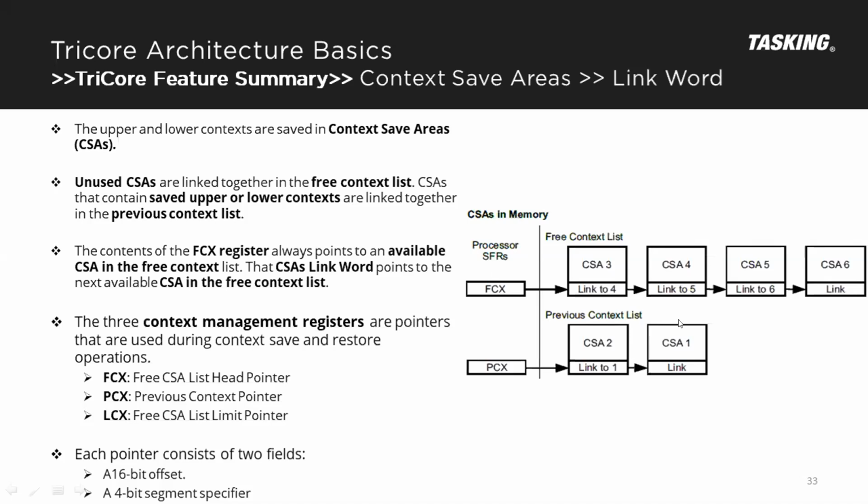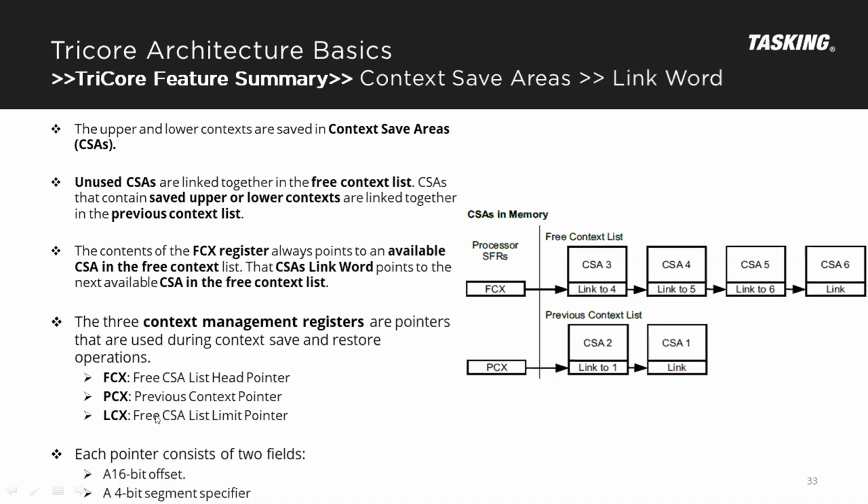And the previous context list contains the context save areas that are already used, or currently used by the system, and they are referred to by a special function register called PCX, or previous context pointer. You will find a third pointer here called LCX.